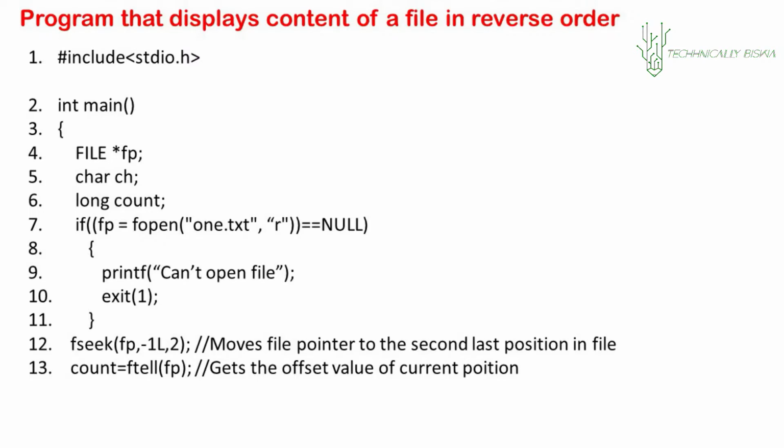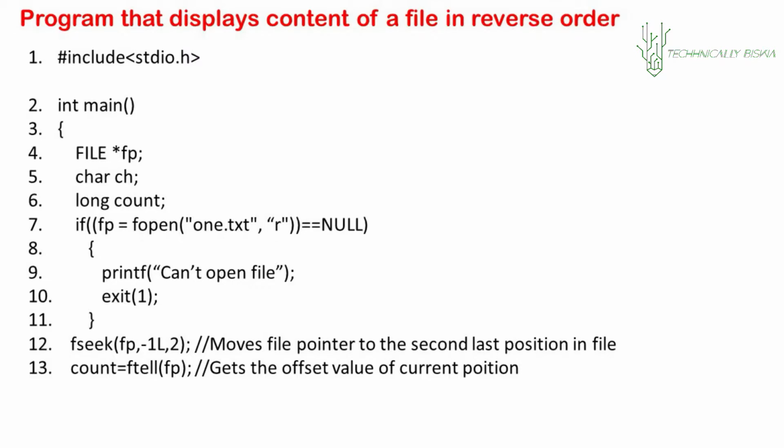Any reason, you are checking if the file cannot be opened, because you cannot do any operation if the file cannot be opened. So I am giving a message, can't open file, and exit will take me out of the program, because if I cannot open the file, then what is the point in continuing? So from there I terminate the program.